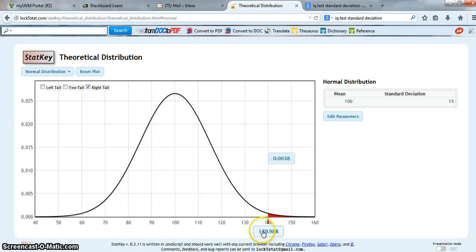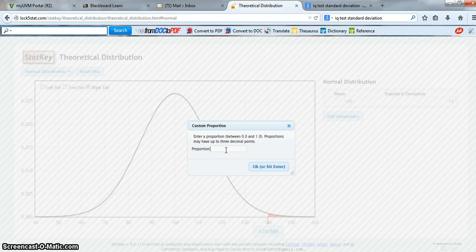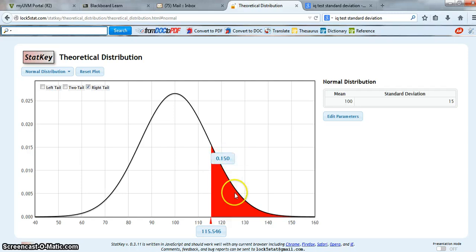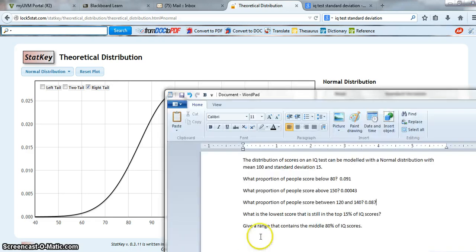And now instead of moving my cutoff value, I'm going to set my area to be 15%, 0.15, and it's going to give me the cutoff value. Now I can see that the cutoff value that gives me 15% in this right tail, the top 15%, is 115.546.